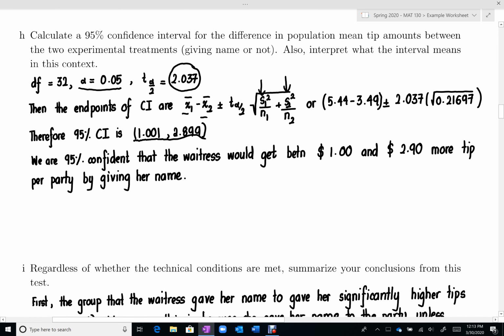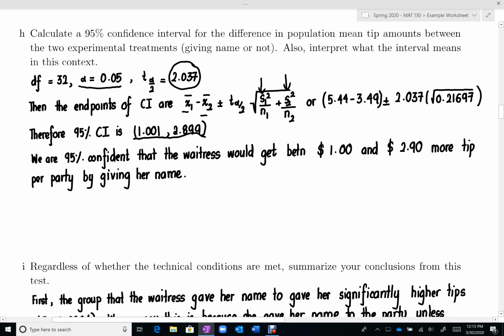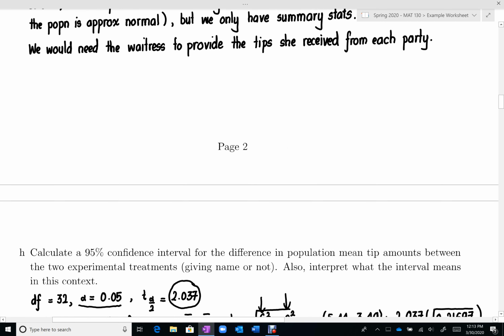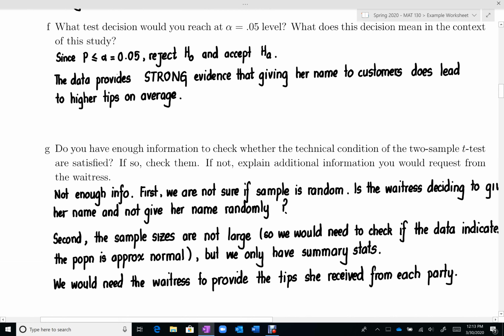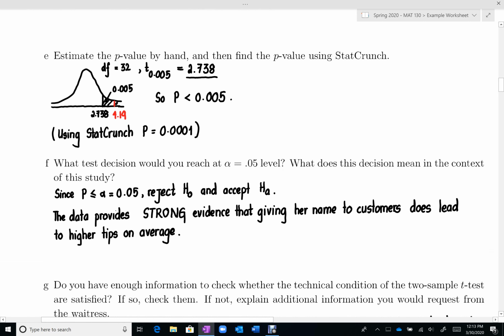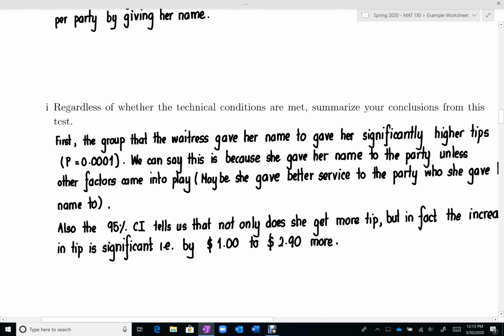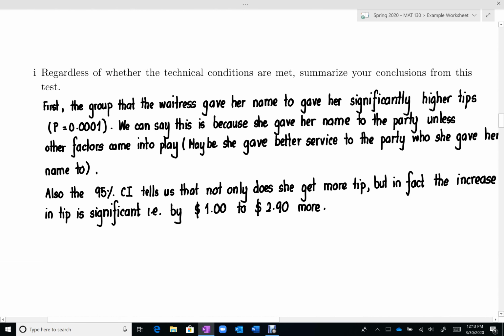All right. So finally, regardless of whether the technical conditions are met, and unfortunately, as we said earlier, they're not, we're going to summarize our conclusions. So the first one is that we realized that the p-value was 0.001 earlier, which meant that the data provided strong evidence that the group that the waitress gave her name to gave her significantly higher tips. All right.